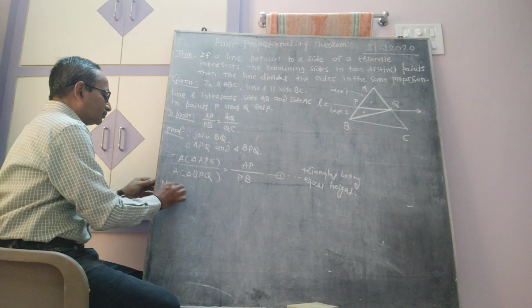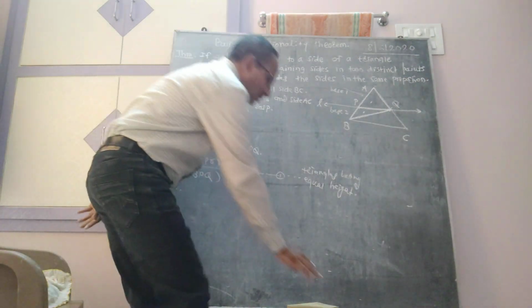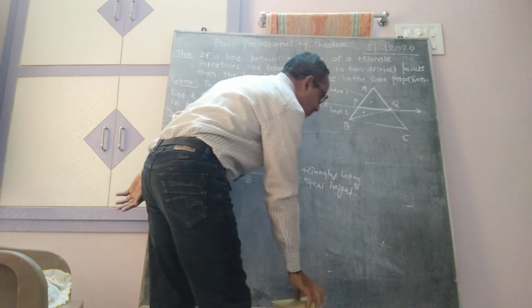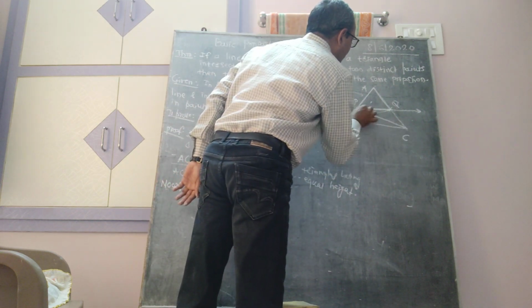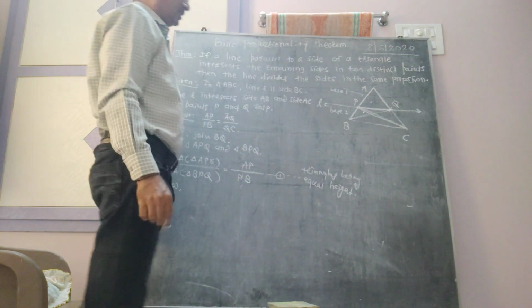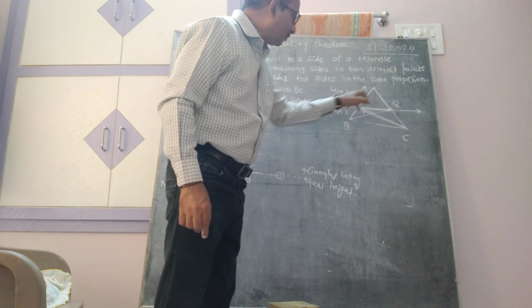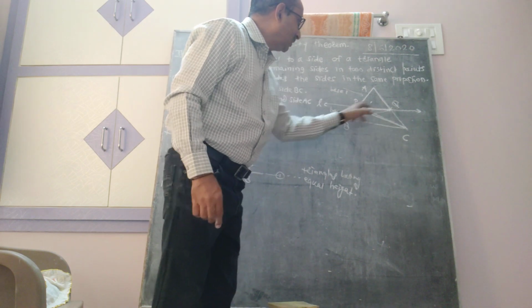Now again, if we join PC, again here we get two triangles, APQ and CPQ.